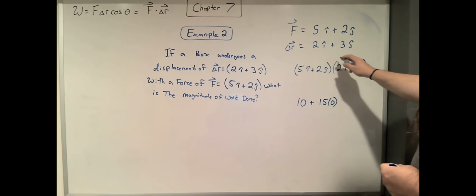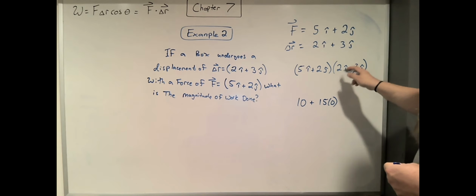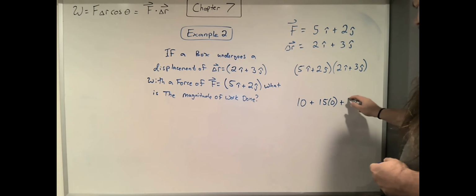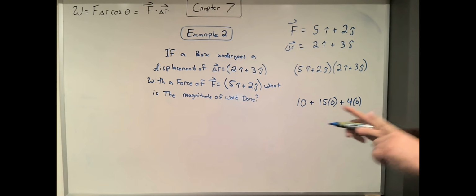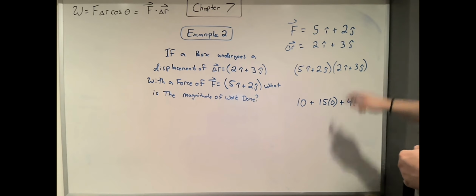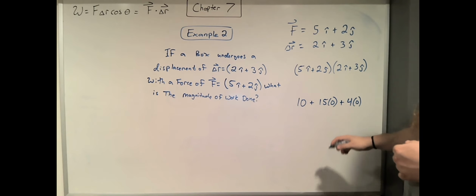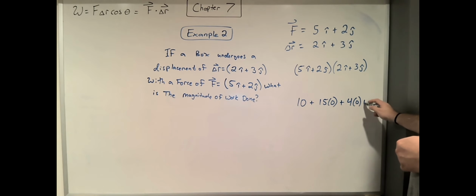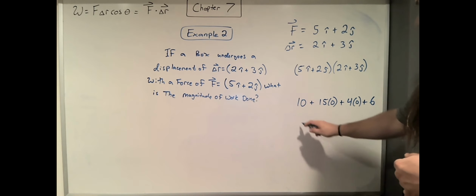And now we'd have 2j times 2i. Again we would get a 4, but it's times 0, because it's j and i. Two separate identities being multiplied together results in a 0. And then finally, 2j times 3j is going to give me 6, and a j times a j gives me a 1. So what do we end up with?